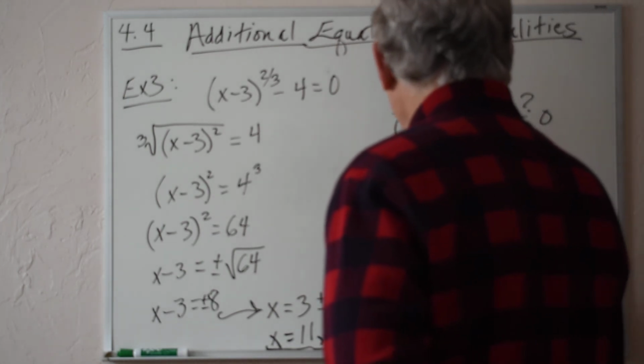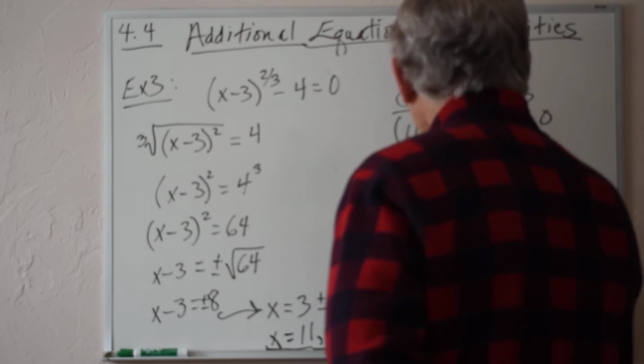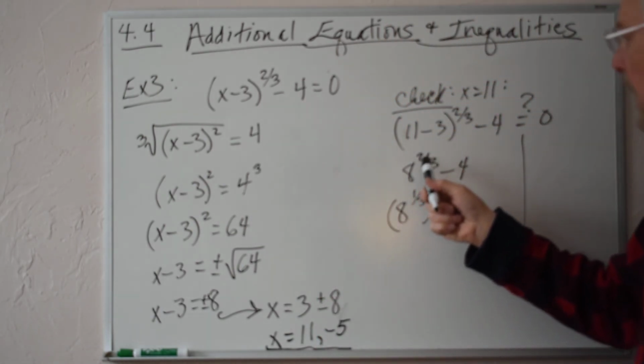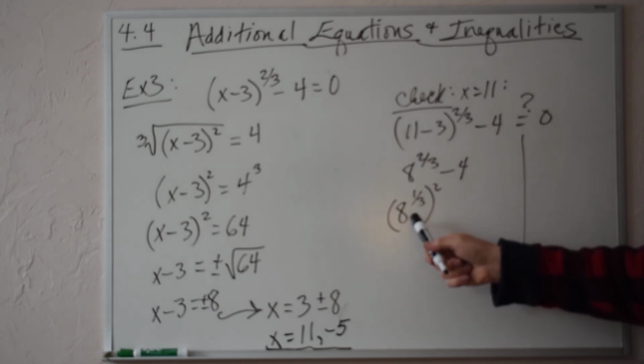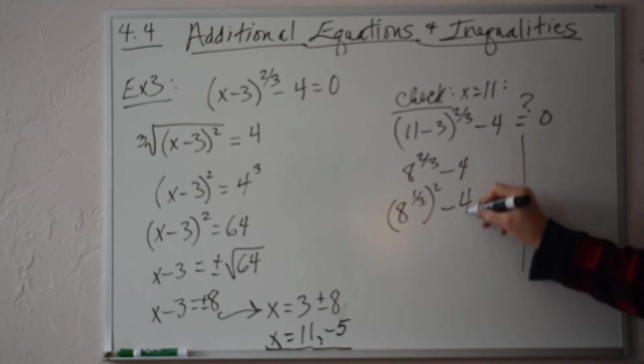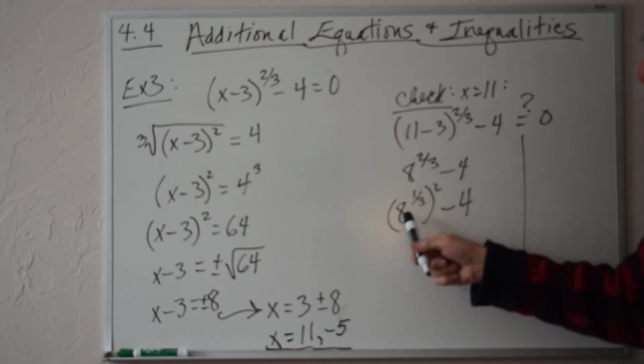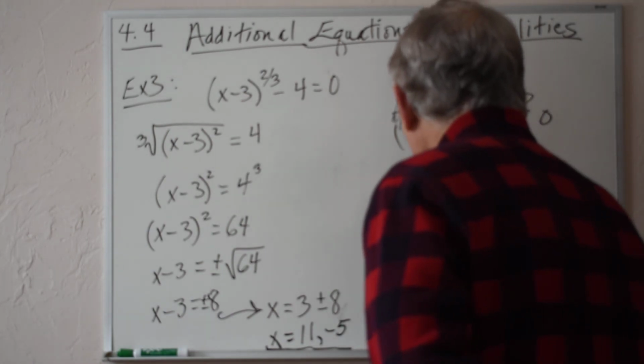Well, I can say, all right, 8 is a perfect cube, so I could take 8 to the 2/3 power and think of it as 8 to the 1/3 squared. And 1/3, of course, means just take the cube root of it. Cube root of 8 is 2.